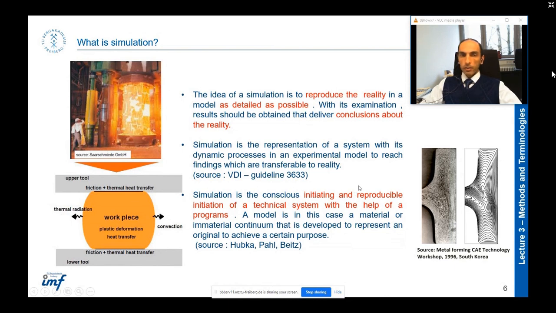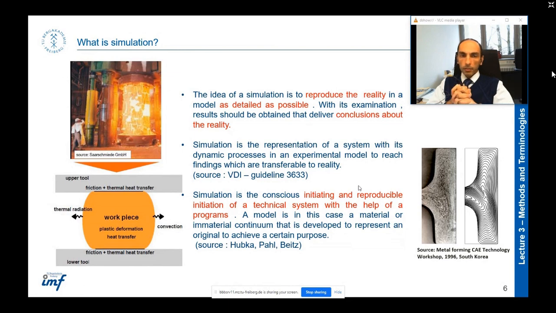The second definition tells us that simulation is the representation of a system with its dynamic process in an experimental model to reach findings which are transferred into reality.